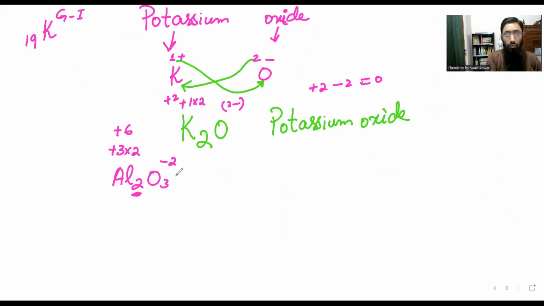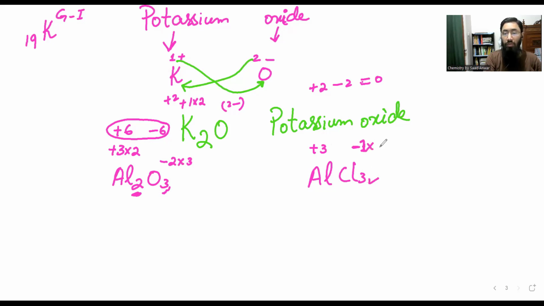Oxygen has minus 2 charge, but we have 3 oxygen atoms, so minus 2 multiplied by 3 becomes minus 6, overall neutral. Similarly, AlCl3: aluminium has plus 3 charge, chloride has minus 1 charge, but we have 3 chloride ions, so multiply by 3 and we get minus 3, plus 3, neutral.